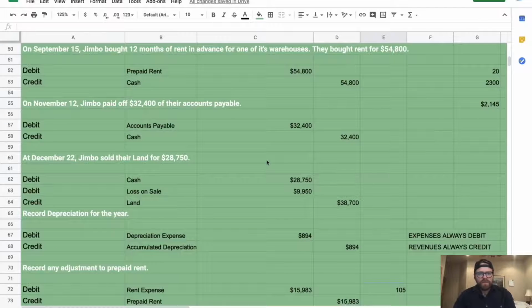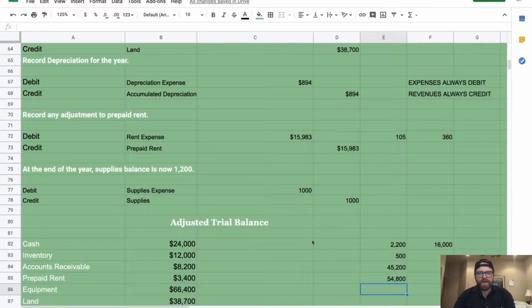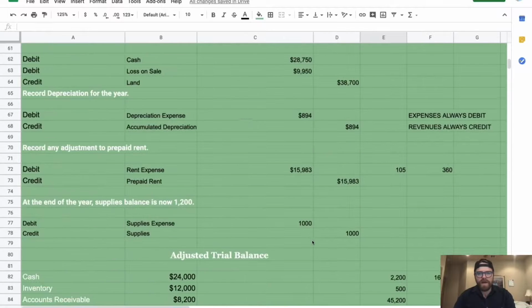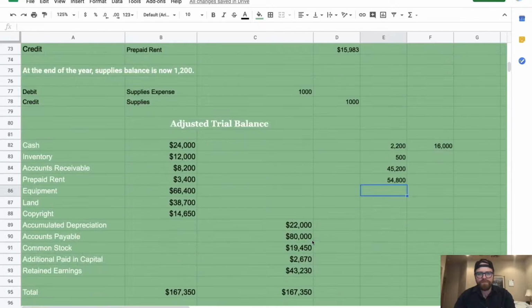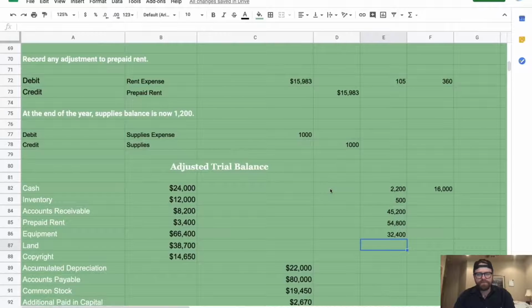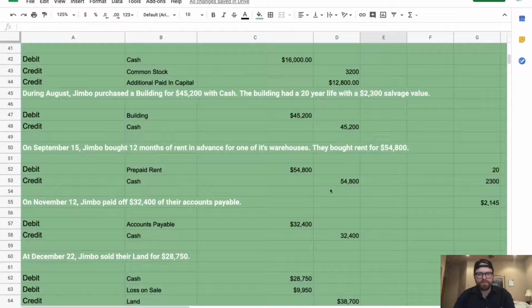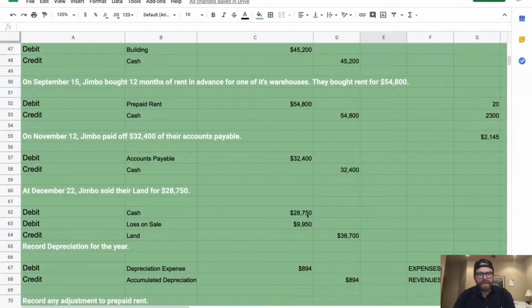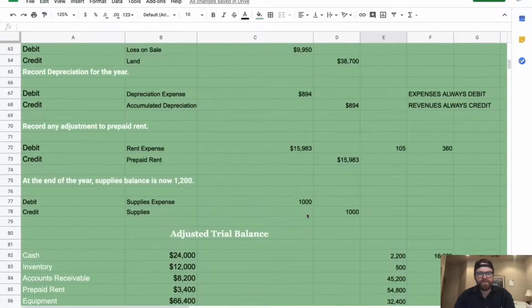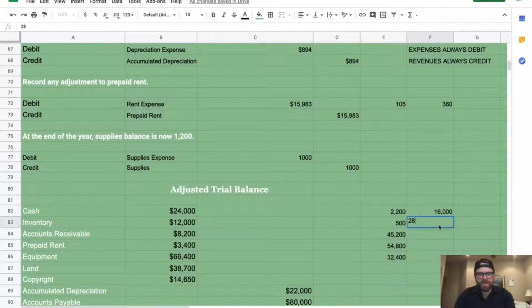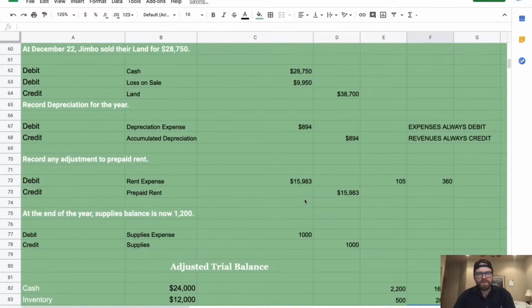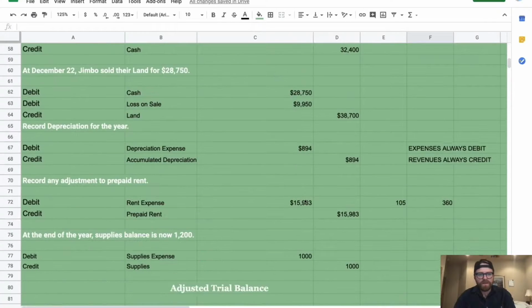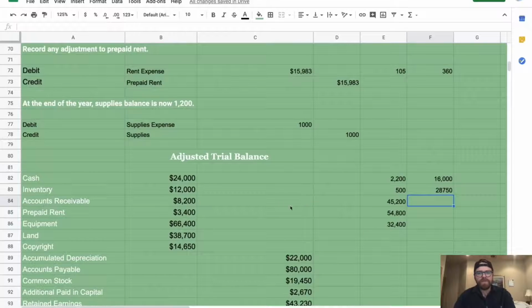Then we paid off our accounts payable of 32,400. We got cash of 28,750. Then that looks like it's it. So here's how it's going to work.